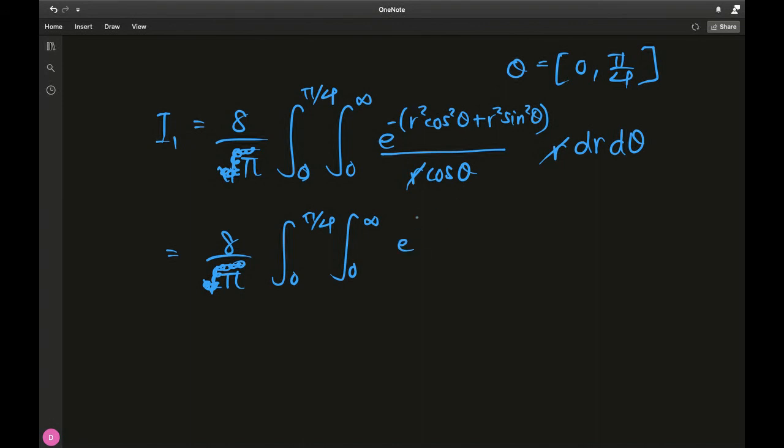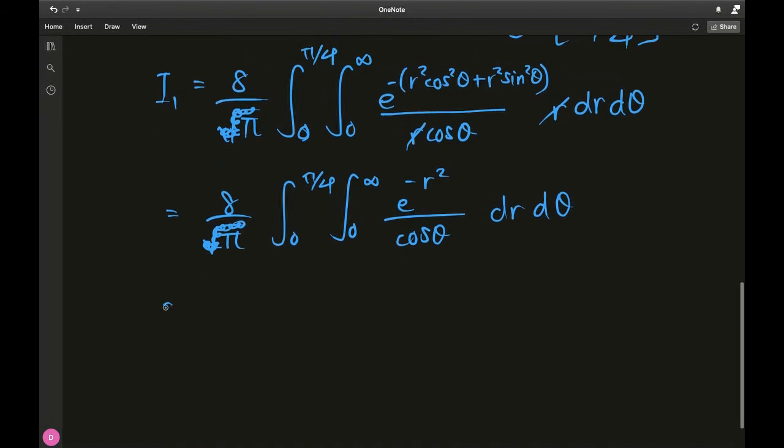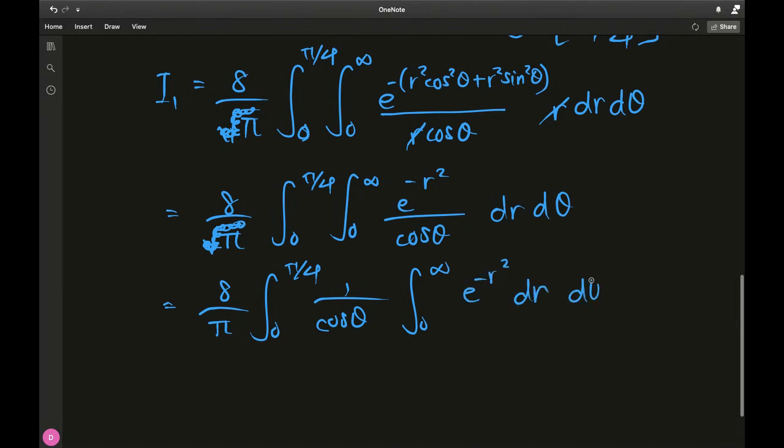Using some trigonometric identities, this is going to be e to the negative r squared over cosine theta dr d theta. So we're first integrating with respect to r. The cosine theta can be taken outside. So the integral from 0 to pi over 4 of 1 over cosine theta, integral from 0 to infinity of e to the negative r squared dr d theta.